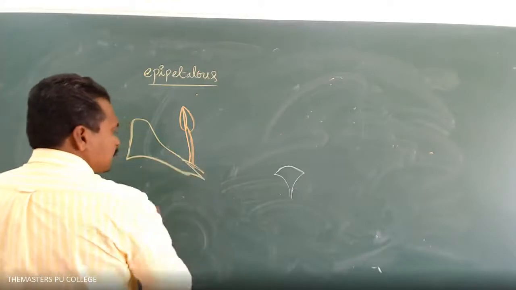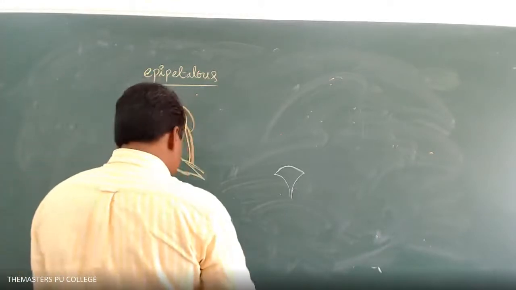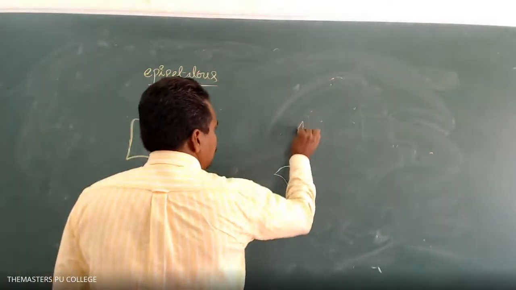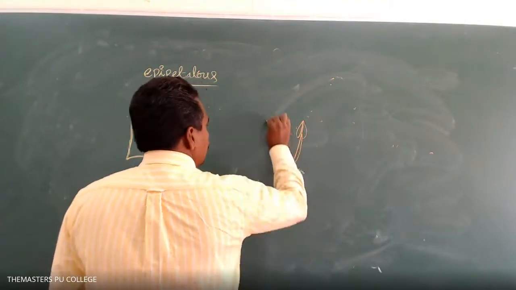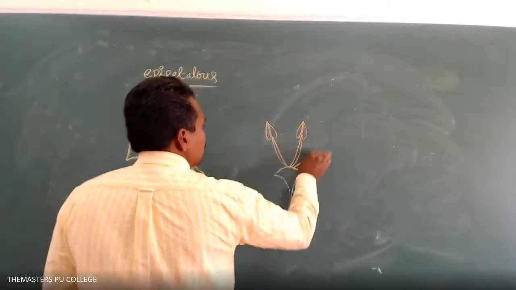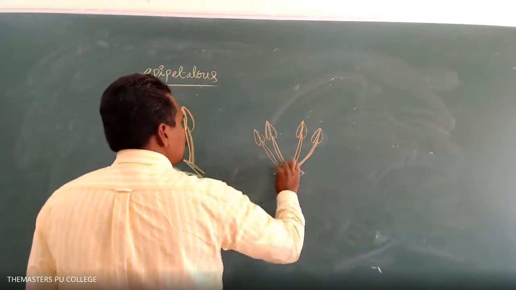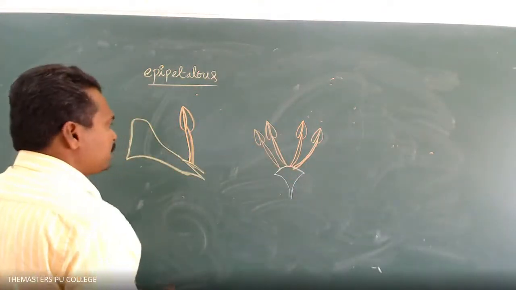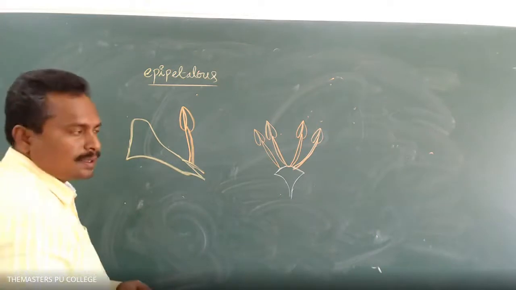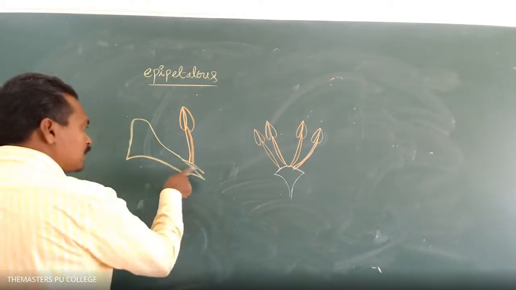Generally, in majority of the plant species, stamens are attached to the thalamus part. In some of the plant species, the stamens are attached to the petals.